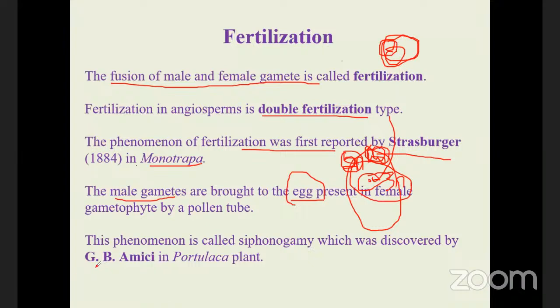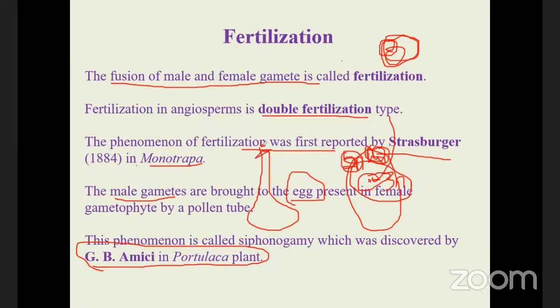The germination of the pollen tube was first discovered and observed by MEC. The pollen tube germinates on the stigma toward the ovule.